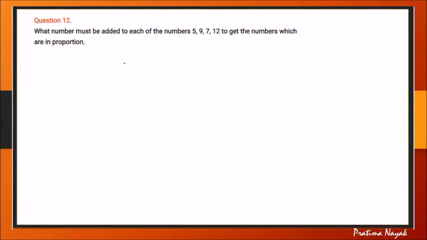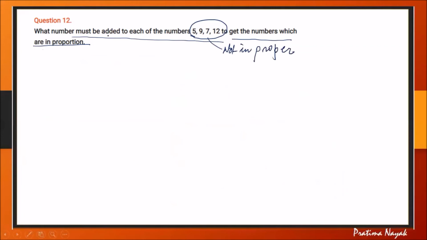Question number 12. What number should be added to each of the numbers to get the numbers which are in proportion? That means here it is saying that 5, 9, 7, 12 are not in proportion. But if you add a particular number, they will be in proportion.